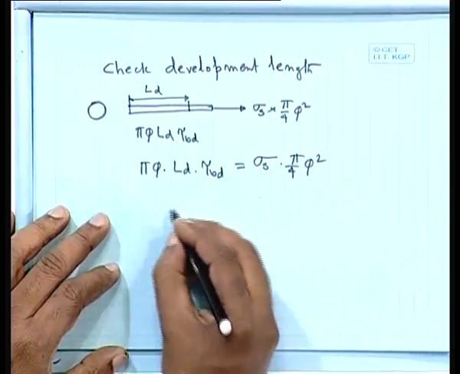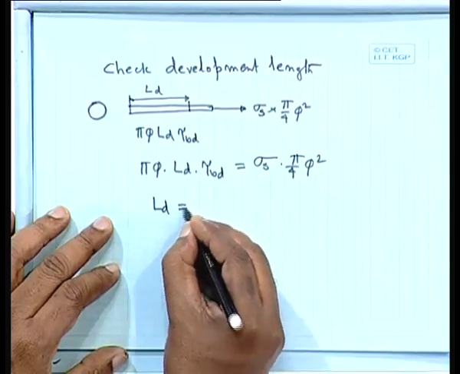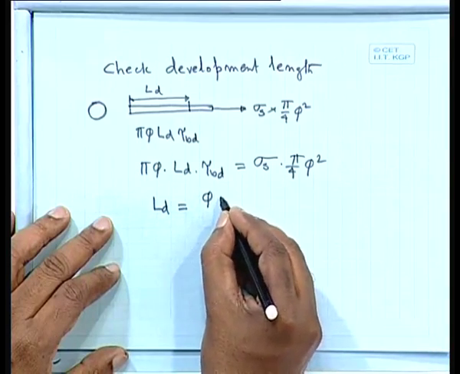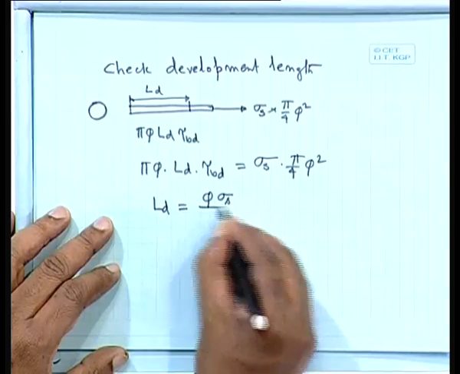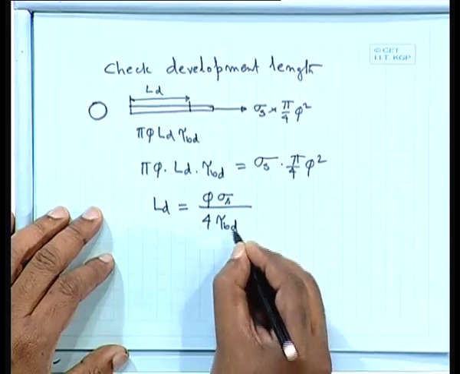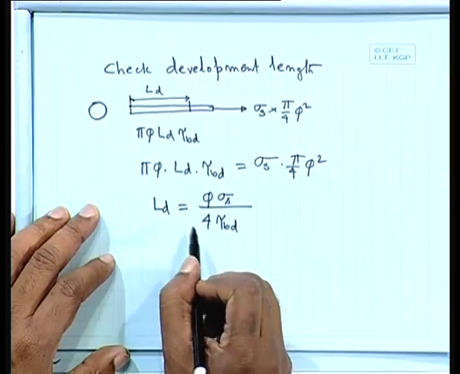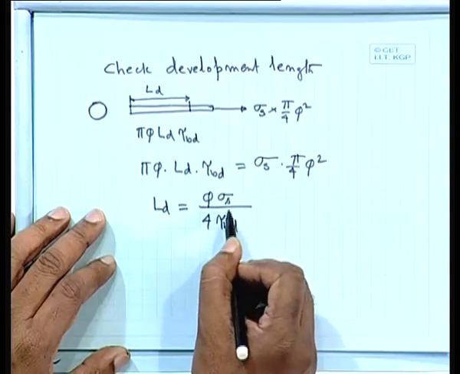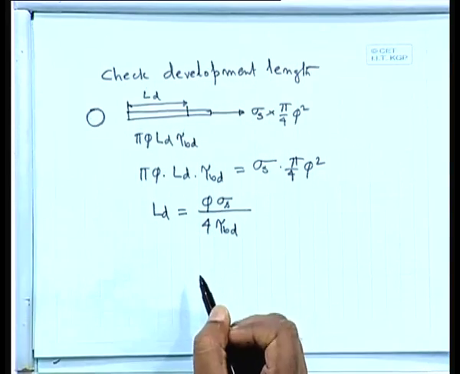So we shall get LD or development length equal to phi sigma s divided by 4 tau BD. So, LD equals phi sigma s by 4 tau BD.